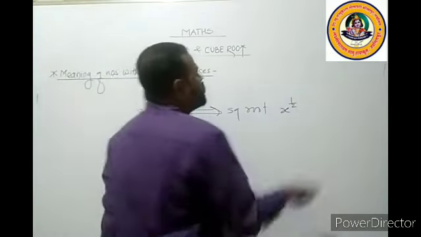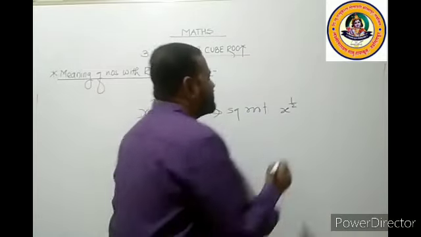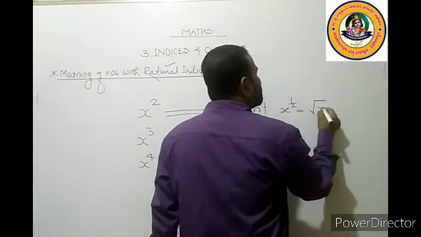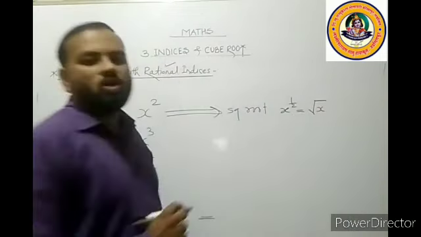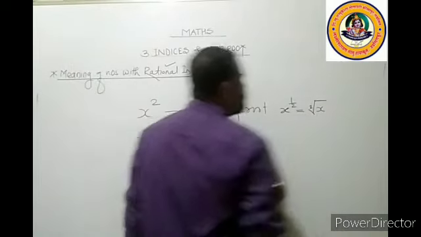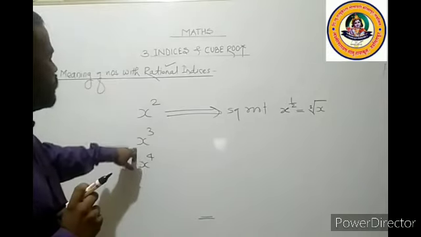We can also write it using the radical sign, that is square root of x. We can also write 2 here, obviously. x cube is a cube of x.